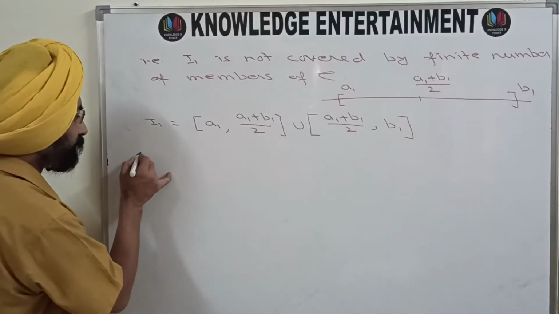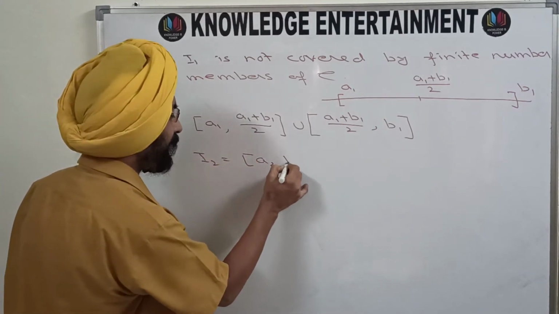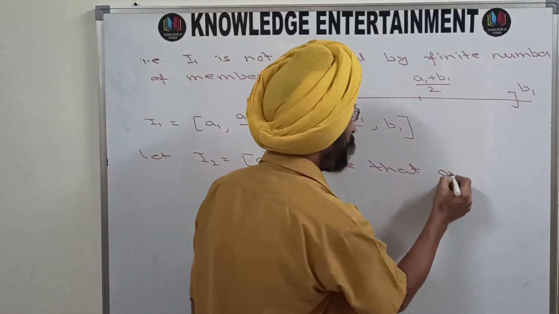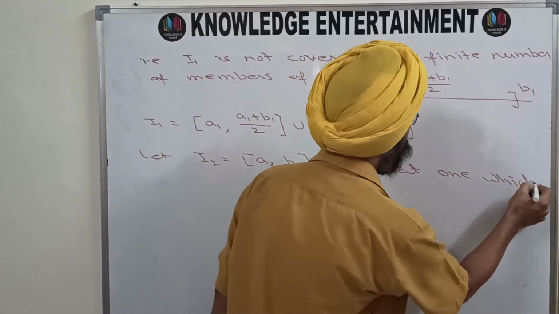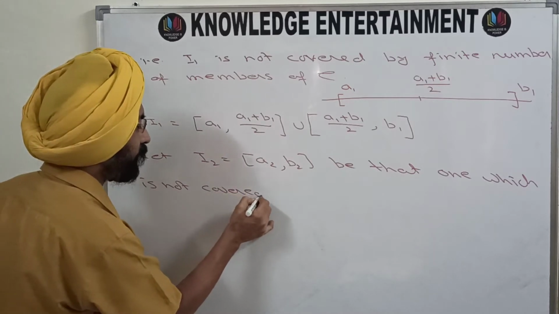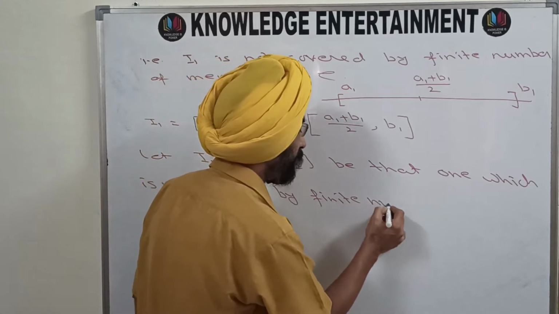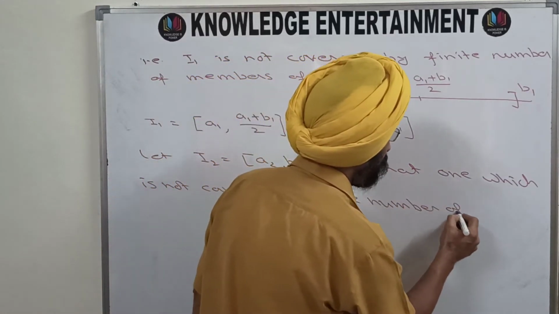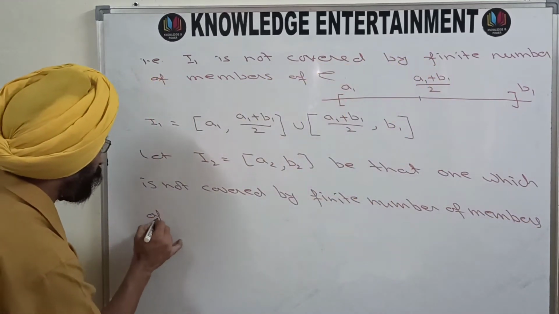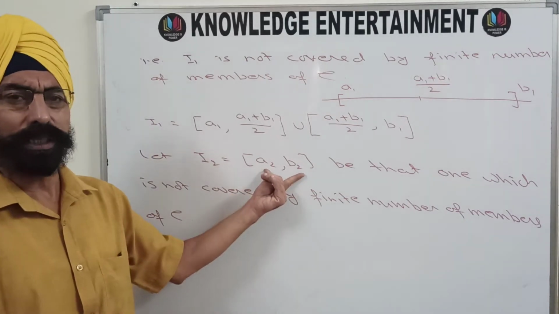Name it as I2. So let I2 equal A2 B2 be that one which is not covered by a finite number of members of C. So as not to confuse, this A2 B2 is not a new interval.